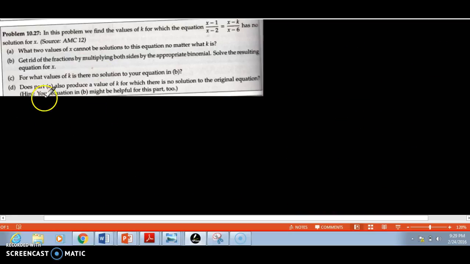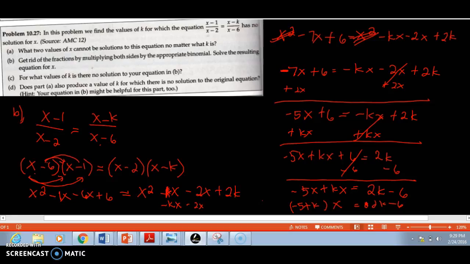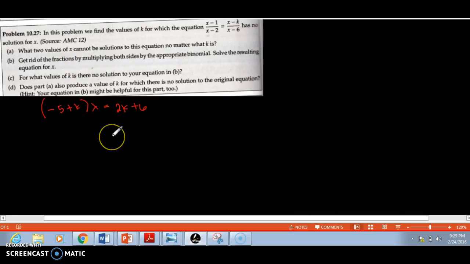So you have negative 5 plus k, x is equal to 2k minus 6, and we want to solve for x.